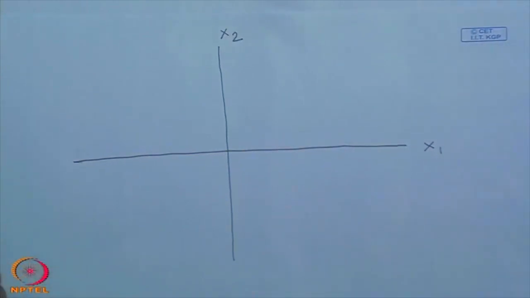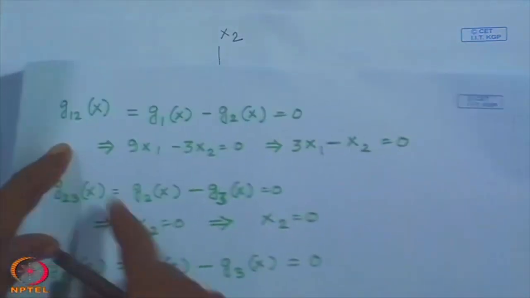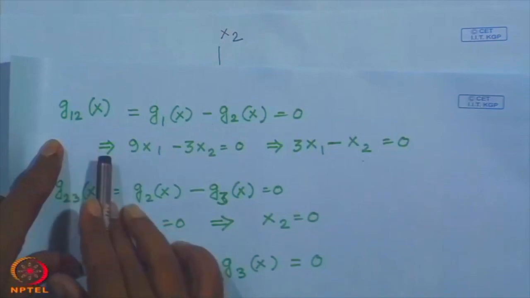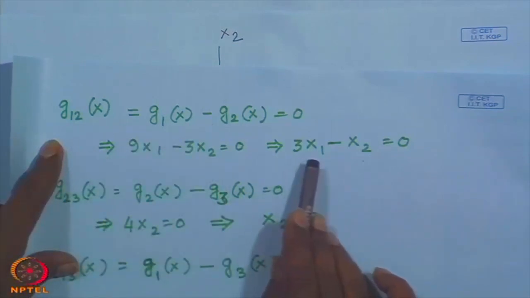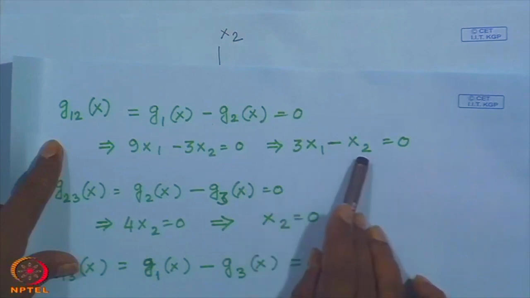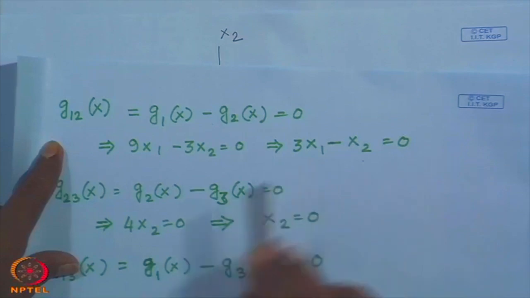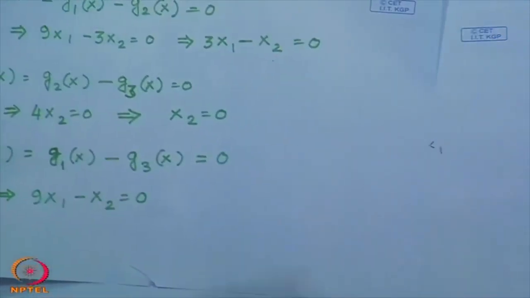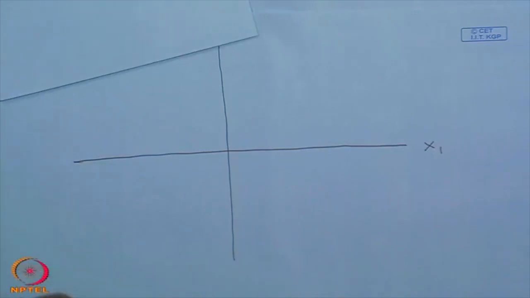Now, when you come to g12x, the decision boundary between class omega 1 and omega 2, given by 3x1 minus x2 equal to 0, if I plot it, it will look like this.